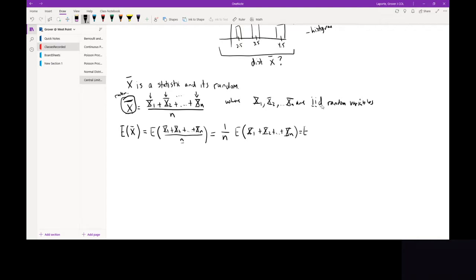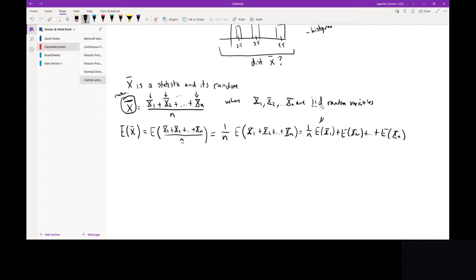What that means is it's 1 over n times the expected value of x1 plus the expected value of x2 plus ... plus the expected value of xn, of the underlying distribution. What do we call the expected value of the underlying distribution?